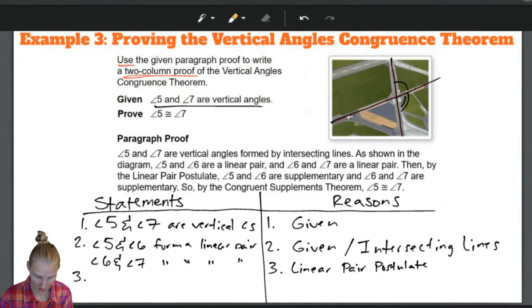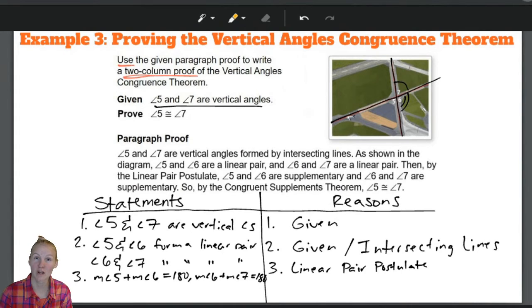So that means that the measure of angle 5 plus the measure of angle 6 equals 180, and the measure of angle 6 plus the measure of angle 7 equals 180.